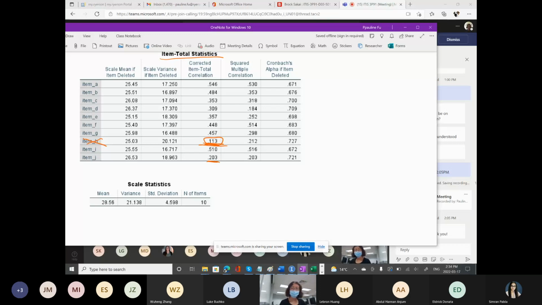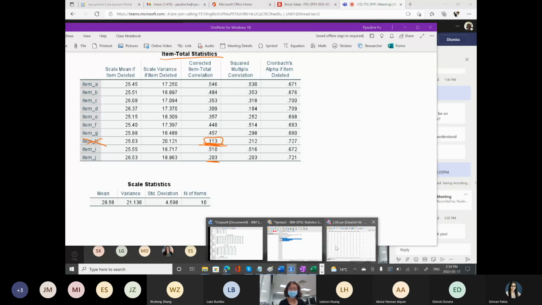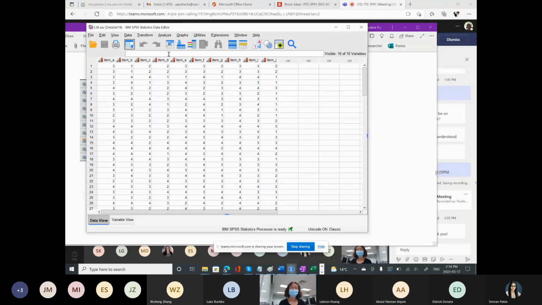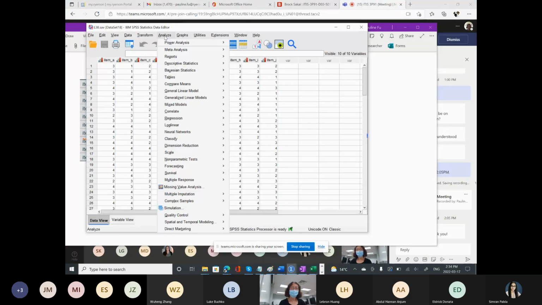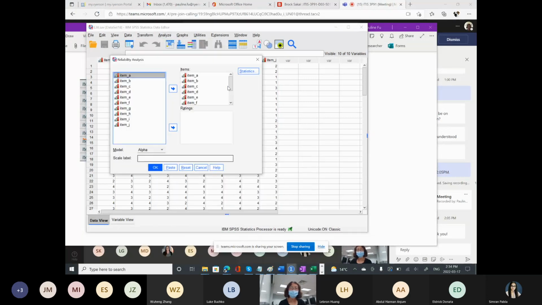So now let's do this. Delete item H. So go to Analyze, Scale, Reliability Analysis. To delete item H, you just select H, click this arrow. You deleted H from this list. You do not have H here.